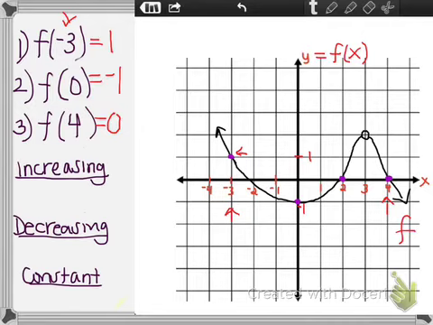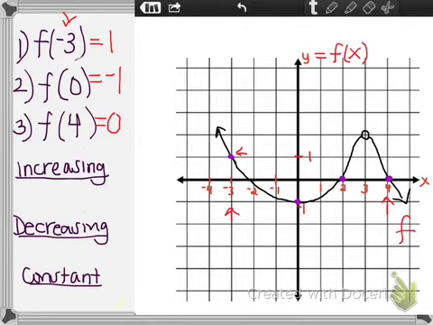Now, looking at whether our function is increasing or decreasing is a little different. Remember, you read a graph from left to right.